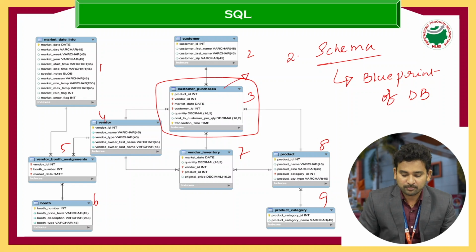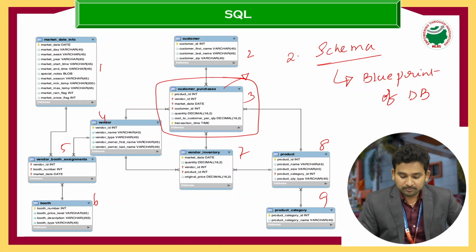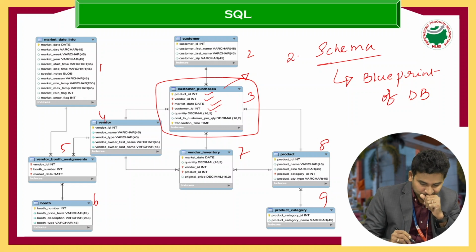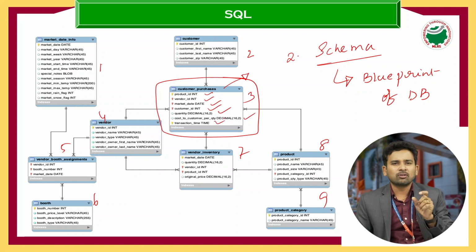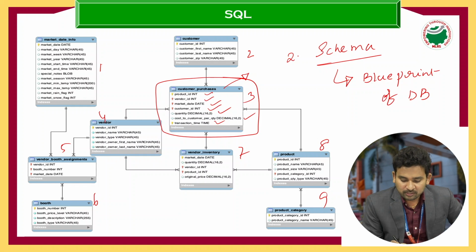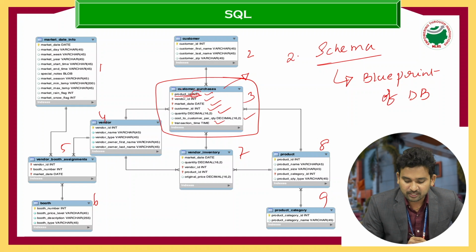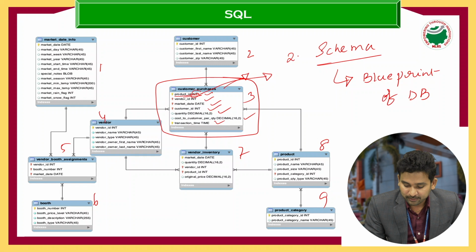In customer purchases, these are all called columns: product ID, vendor ID, market date, customer ID, quantity decimal, cost to customer per quantity decimal, transaction time. These are all called columns. If you consider product_id, at the end there is int. Int is nothing but integer. Here int is a data type.